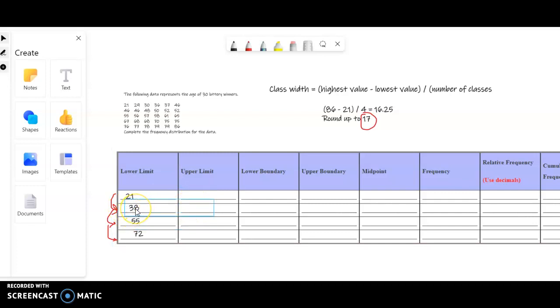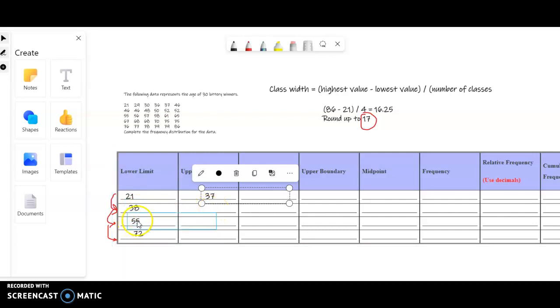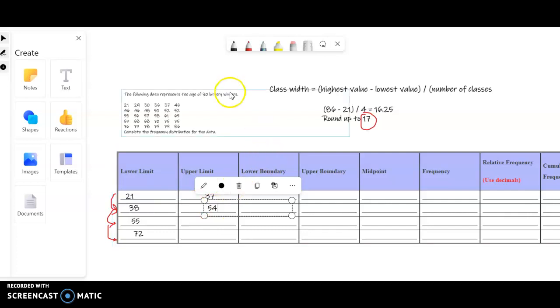Well, if your second class starts at 38, then the previous class has to stop at 37, because you don't want any overlap, okay? And then the next class goes from 38 to something, but then the next one starts at 55. So if this guy starts at 55, that means this guy has to end at 54.